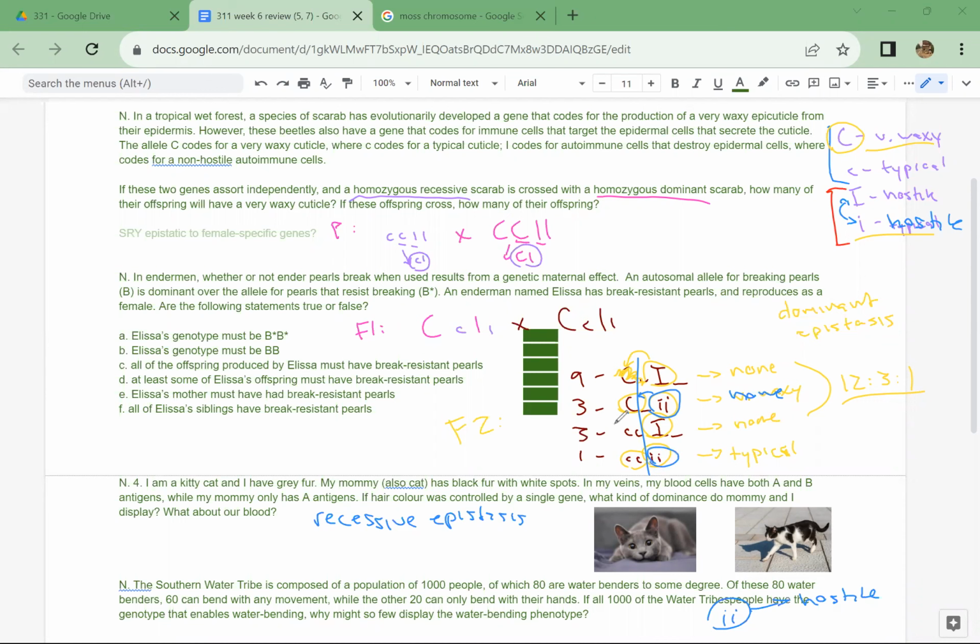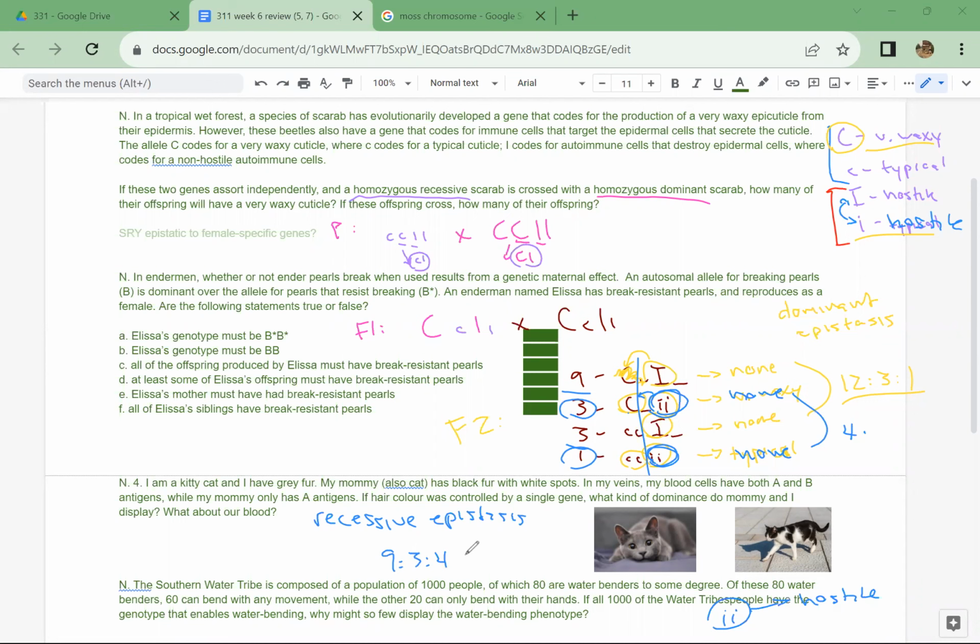So instead of these 9 and these 3 combining to become 12 phenotypically identical individuals, we instead have these 3 and this 1 individual combining to be 4. And that produces our 9 to 3 to 4 ratio.